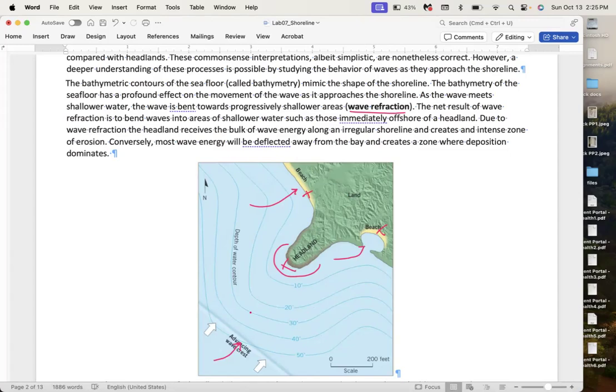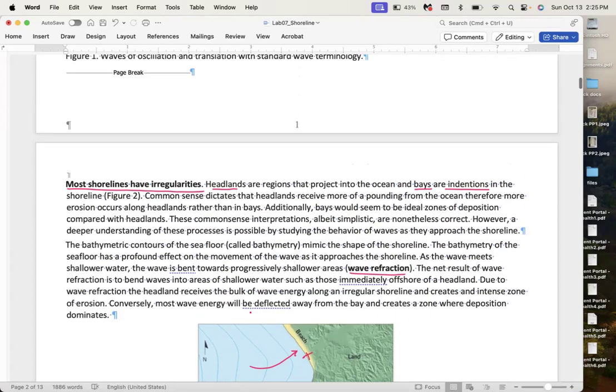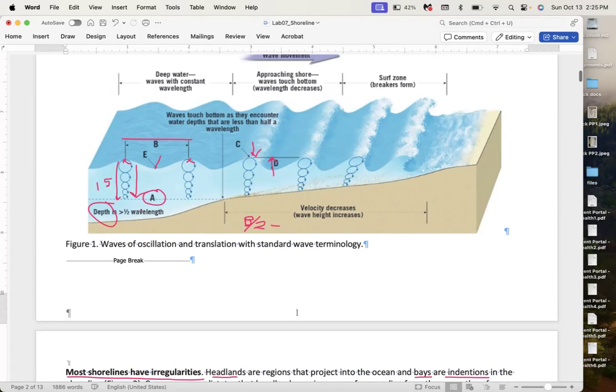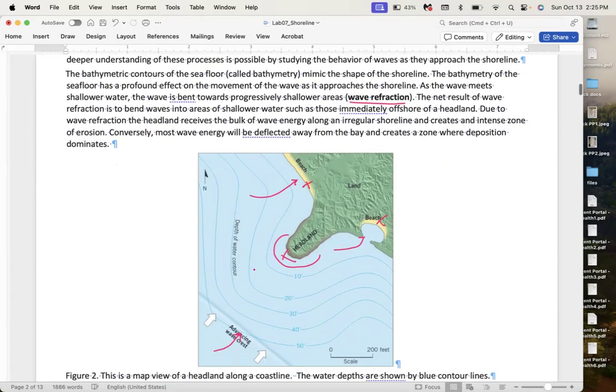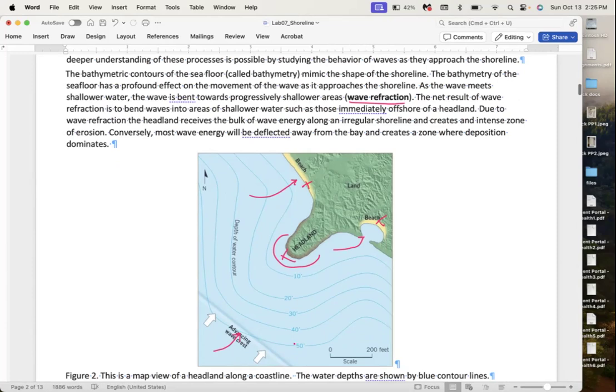And of course, reaching that ocean floor is dependent upon the wavelength, or one half the wavelength, or the wave depth. So depending on how much energy the system has, it will reach it at different points. In this case, it reaches it at about 50 feet.